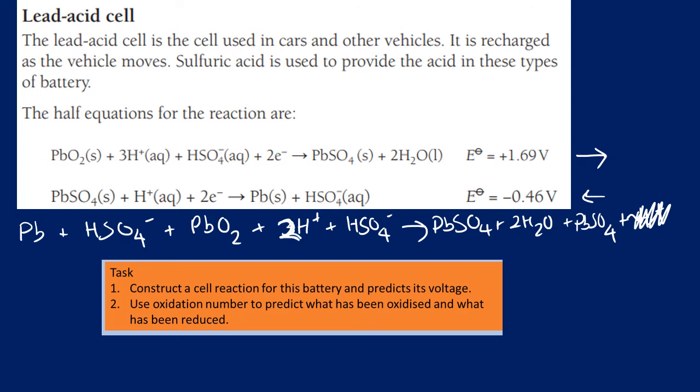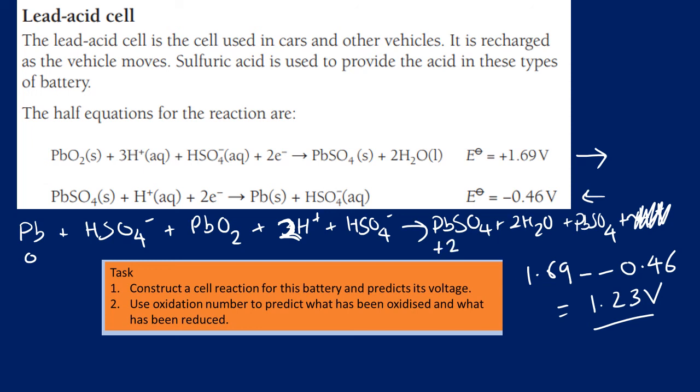Now the cell EMF or the voltage will be 1.69 minus 0.46. So it's the positive electrode, take away the negative electrode. 1.69 minus 0.46, 1.23 volts. And what's been oxidized and what's been reduced? Well, the lead is 0 over here, and over here the lead is +2.